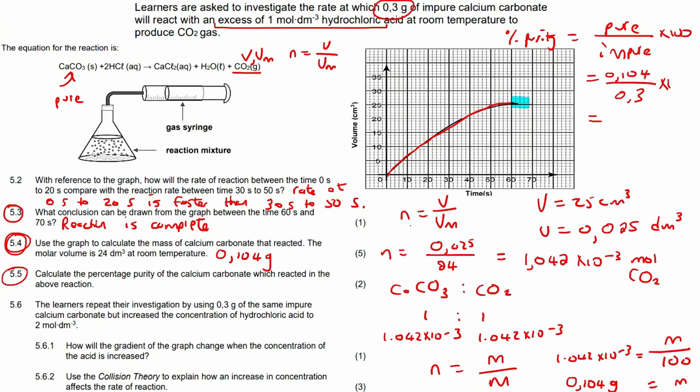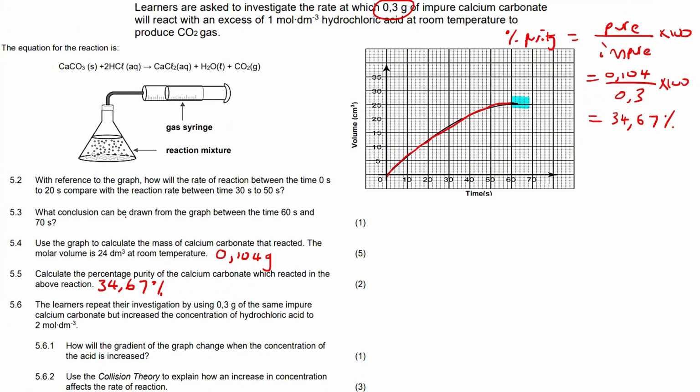And then we're going to multiply that by 100. And that's about 34.67%.